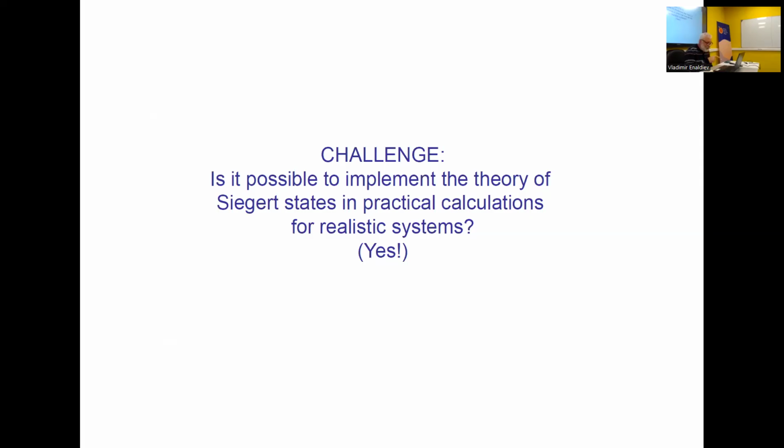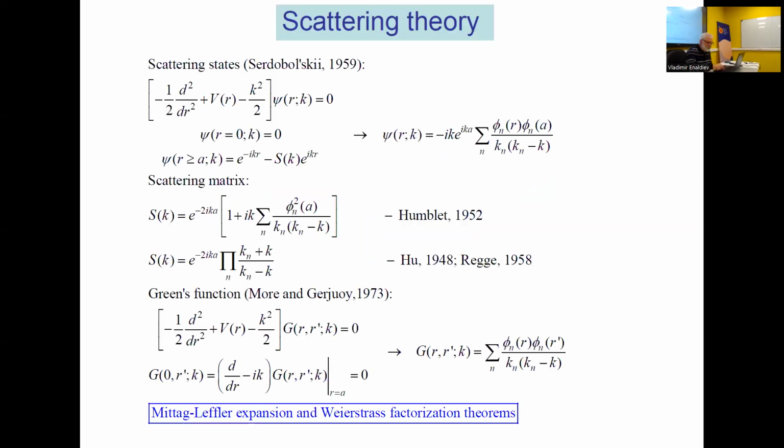The second problem of the previous results is that nobody has ever implemented them in calculations. These results were available in such a nice analytical form, but people tried, and it's not clear how to solve this eigenvalue problem to generate a set. You can solve this eigenvalue problem and find one solution which corresponds to some particular scattering resonance, maybe two, maybe five.